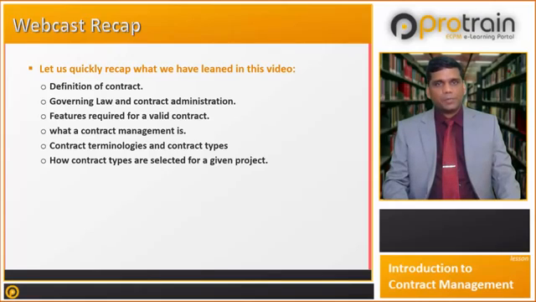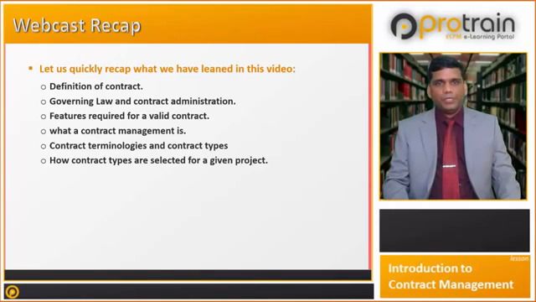We also discussed about governing law and contract administration. We talked about features required for valid contract. Key features for a valid contract are capacity to contract, an offer, and acceptance. We also discussed what is contract management.